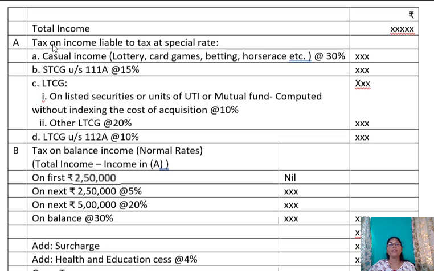So first the tax on income that is liable to tax at special rates like casual incomes which are taxable at 30%, then short-term capital gain under section 111A at 15%, long-term capital gain on listed securities or units of mutual fund without indexing the cost of acquisition.